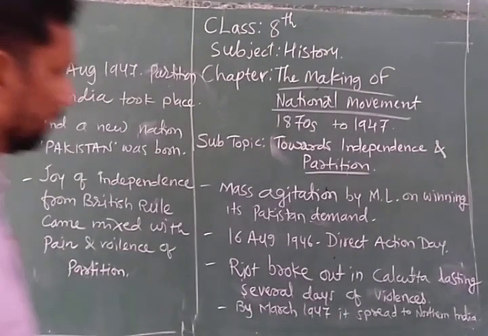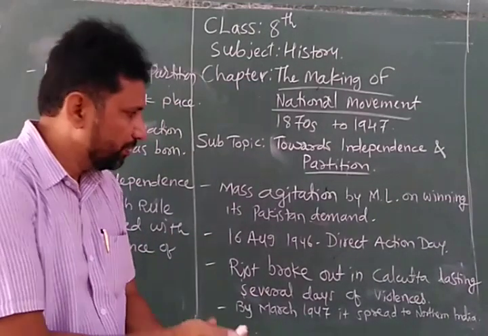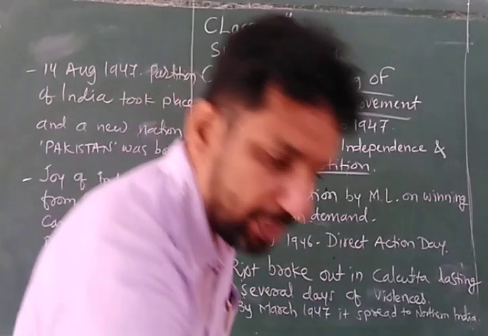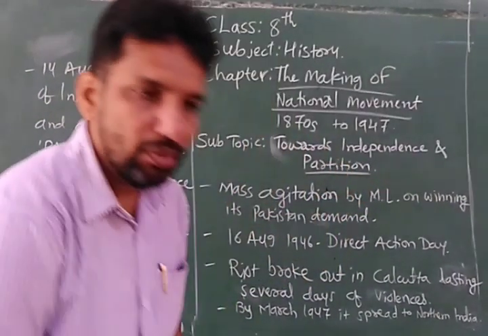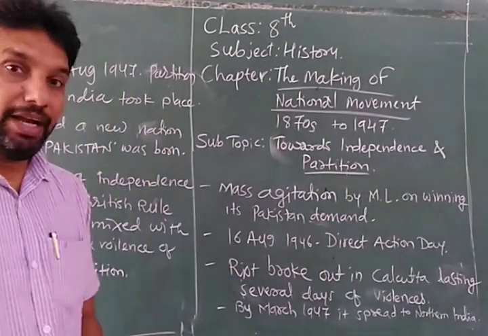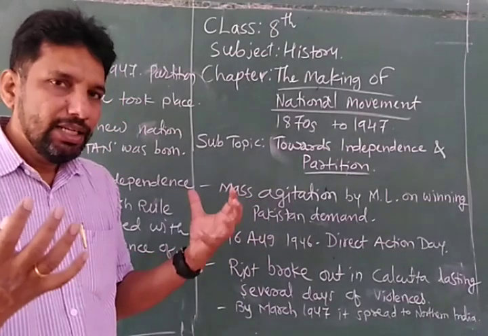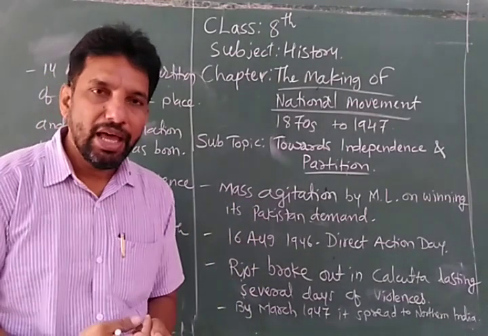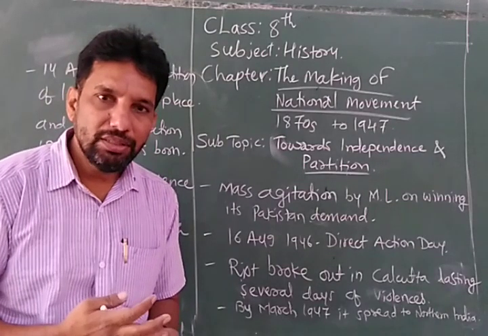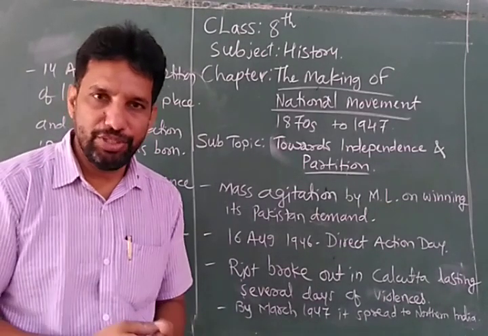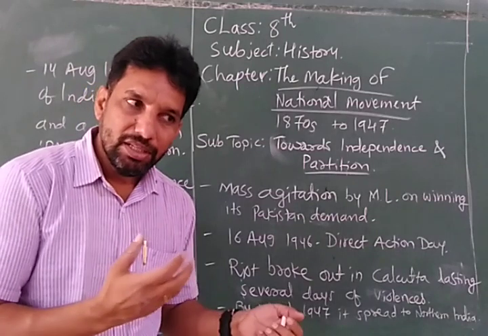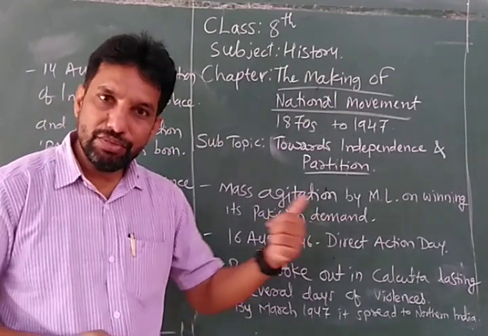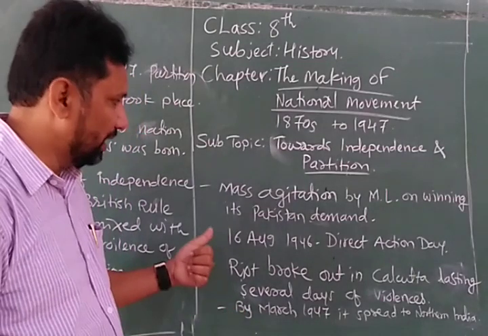See, we saw that in 1946 there was a clear-cut spectacular majority won by the Muslim League, and hence the Muslim League decided that their demand for Pakistan had been liked by the Muslim population, and it means their demand had won. Isn't it? It was a victory. It was a victory of the demand.